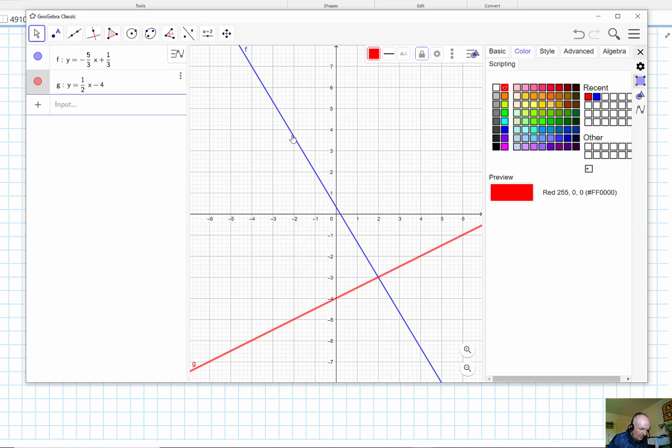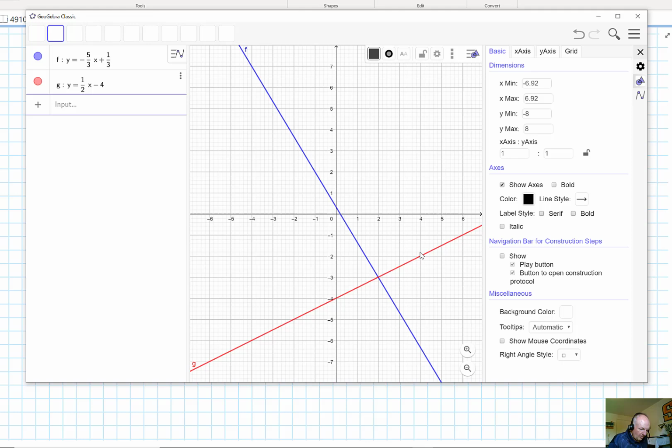And there's our two equations. And of course, from a graph, if you're graphing it on a graphing utility, you can pretty easily see the solution there. But with GeoGebra, you can actually tell it to give you the intersection of two lines, and there it is, A equals (2, -3), right?